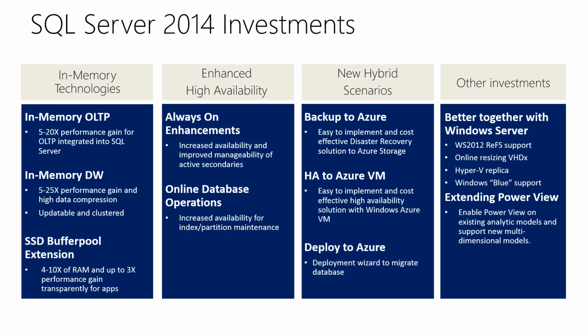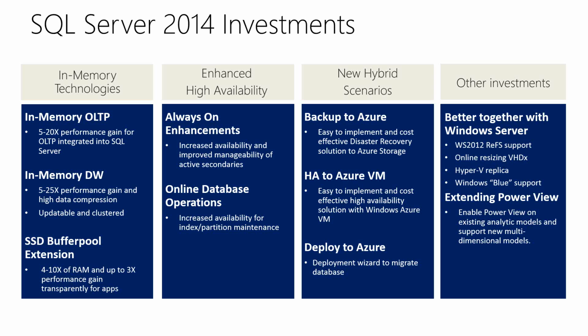So where did we invest in SQL 2014? The main areas are the in-memory technologies, and in-memory OLTP is just one of those. In-memory data warehousing, which I'll mention briefly in this talk, can give you huge gains. This is related to the Vertipaq technology that allows you to use Excel as a front end for a huge data warehouse.